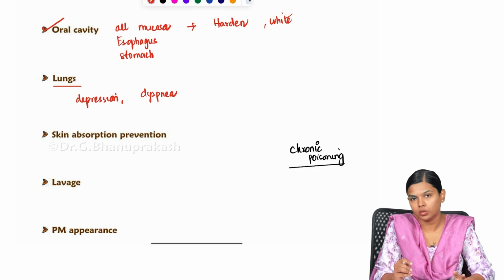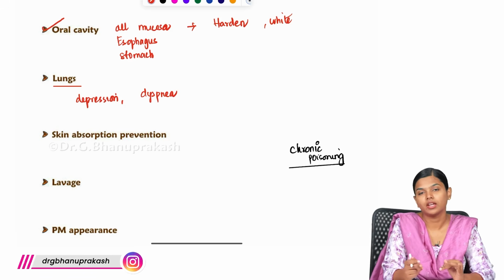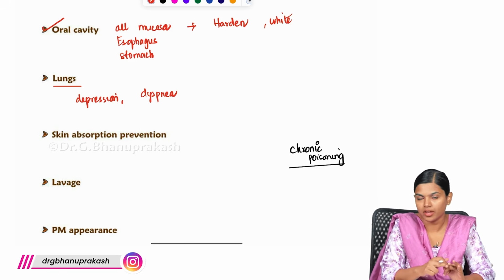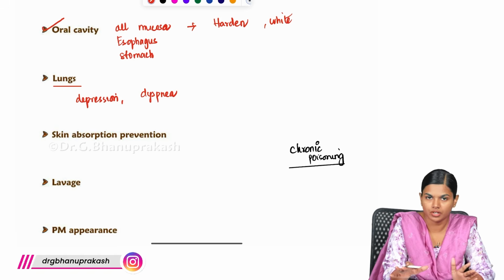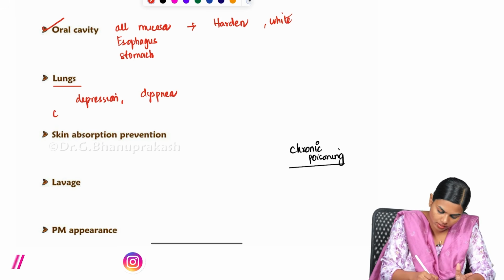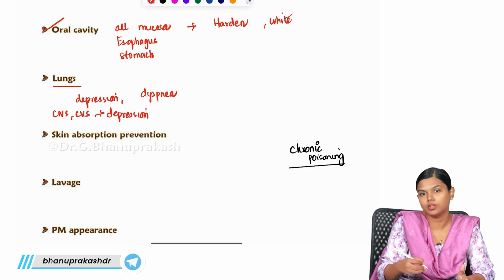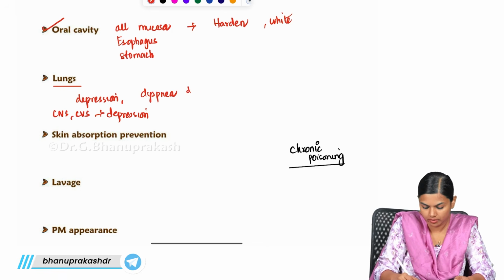This will depress all the things. It will depress respiration, myocardial activity, and CNS activity also. So there will be generalized depression. The CNS and CVS will show depression, and in the lungs there will be dyspnea and stridor.